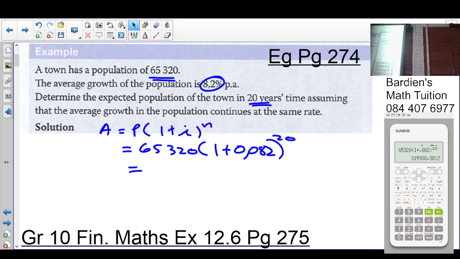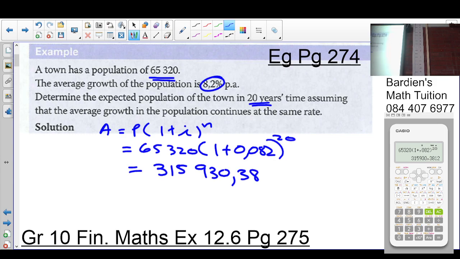Okay, so that 65,320 will stand at a whopping 315,930.38 people. Okay, so of course you cannot get 0.38 of a person. You can just write 315,930. Okay. But because we know that this is not the exact value, we will accept that comma sign, unless it says to the nearest person.